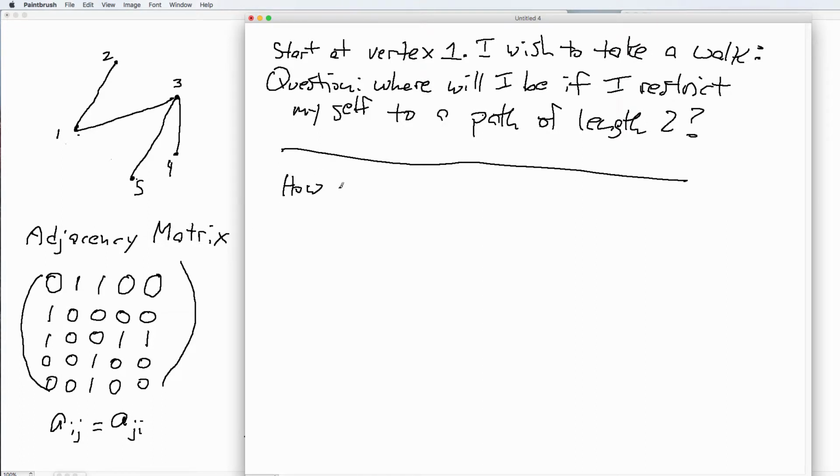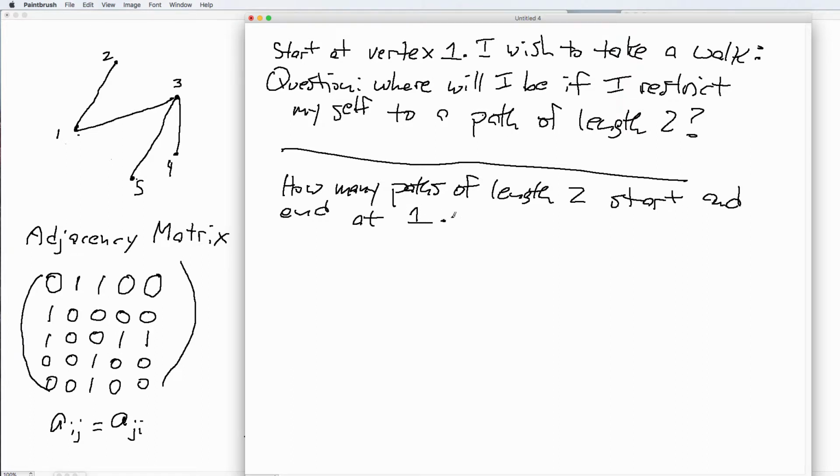Suppose I were to say, how many paths of length 2 start and end at 1. Well, think about it.